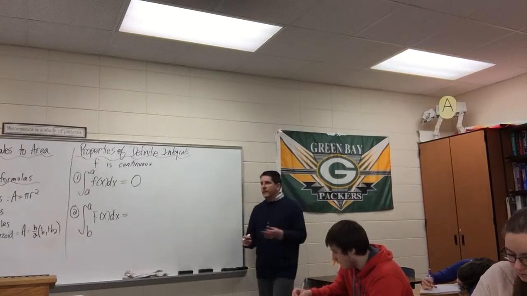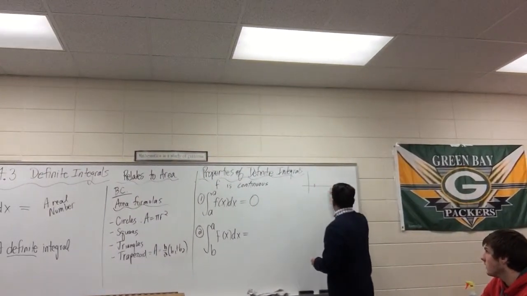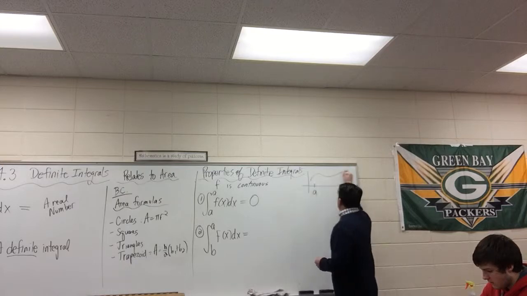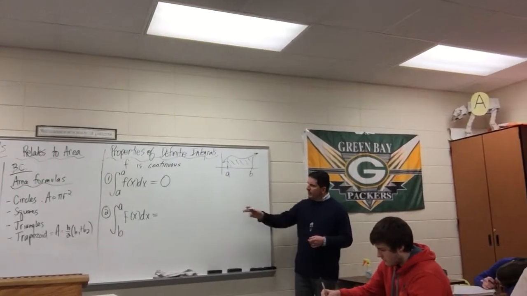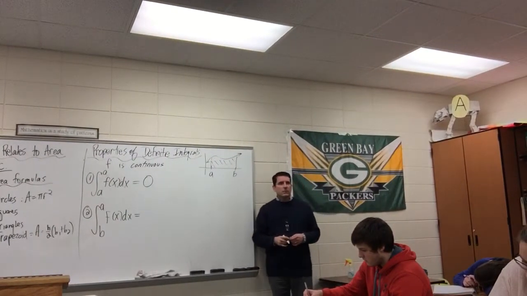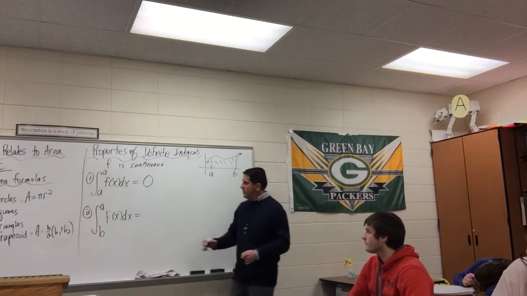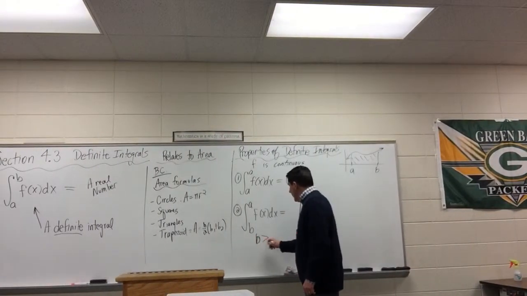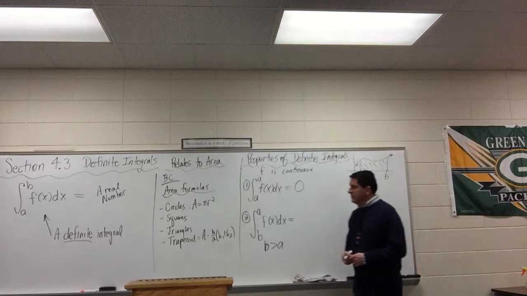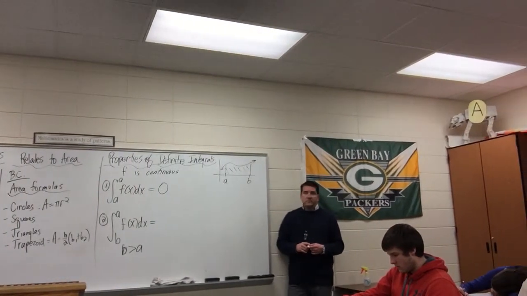Okay, here's one for you. Now normally we go from A to B on an interval. You can still imagine that we're going from A to B. Okay, got some random function here. But I'm asking you to go from B to A. Maybe we should note here that B is greater than A, just like this picture.